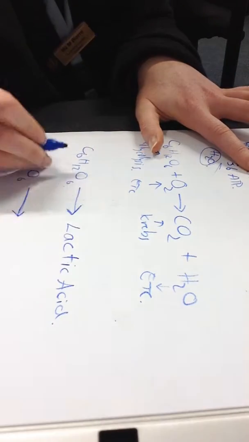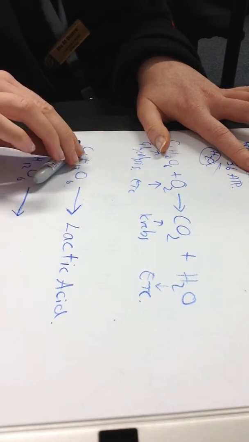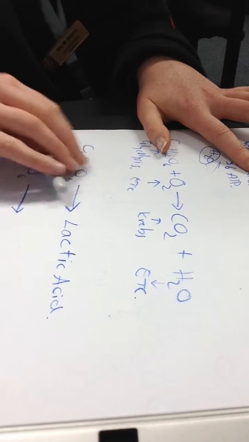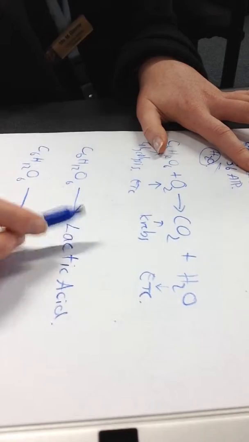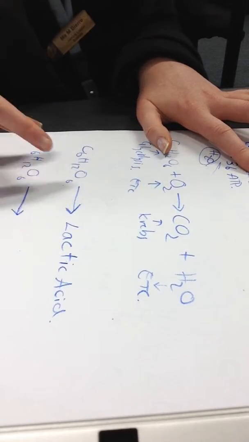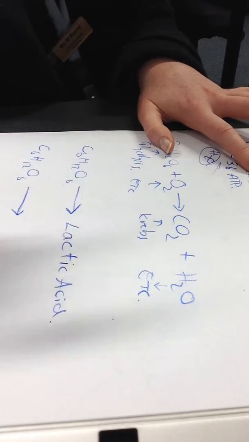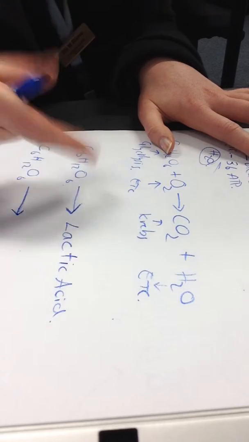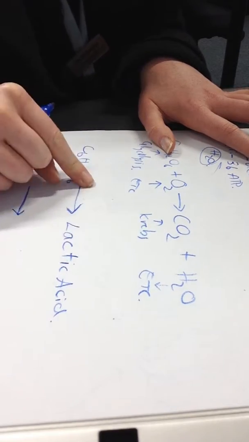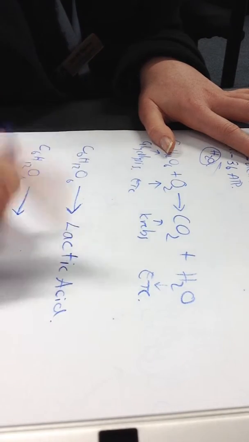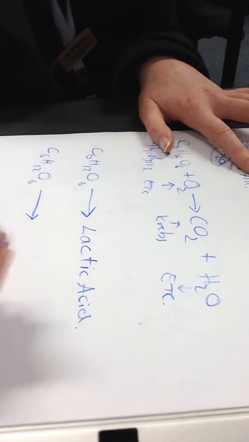Humans get this. When you go for a sprint and you use up all of your oxygen, you're not going to be able to breathe enough in that short amount of time to keep going through aerobic respiration. So your body starts going into anaerobic respiration, and that produces lactic acid, and that's what gives you a cramp when you do exercise.